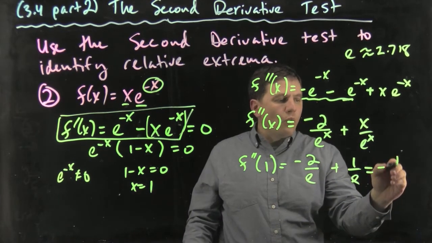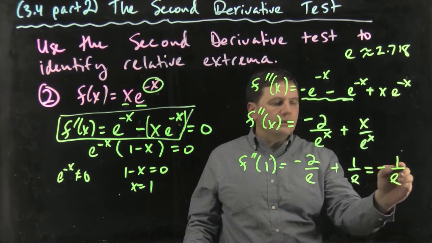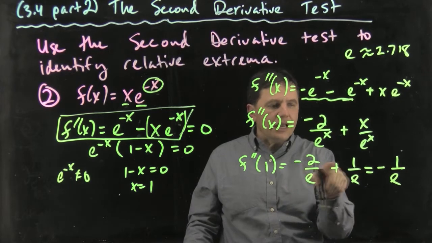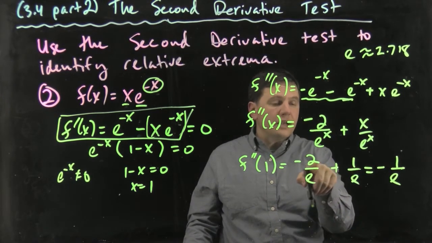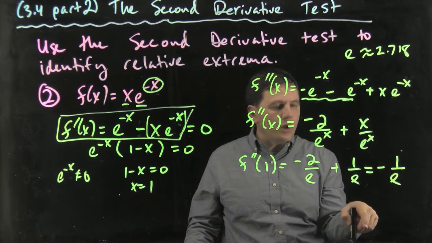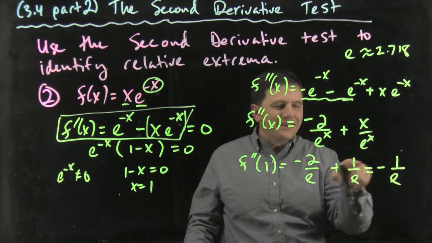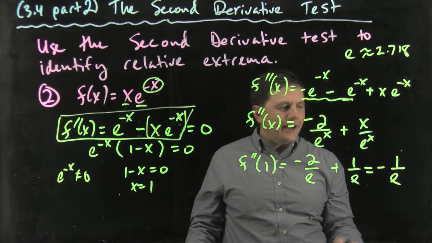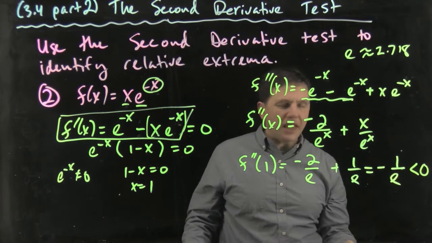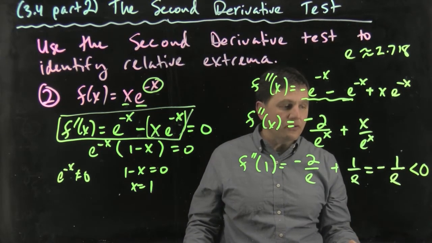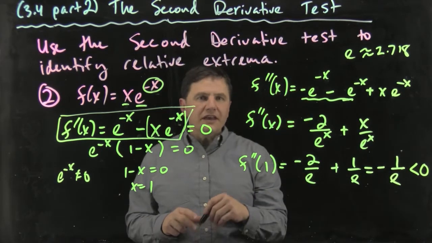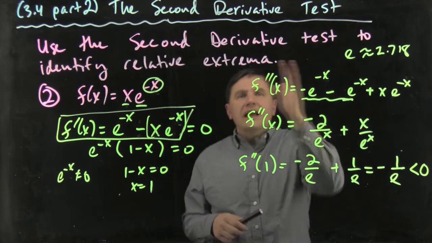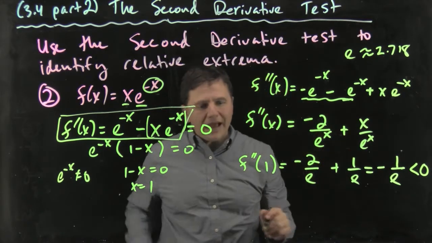I get -1 over e, because I have a common denominator. So -2 plus 1 is -1. So this will be -1 over e. So this is less than 0. I don't need to know exactly what that value is to know that it's less than 0, which means that it's concave down, that means it's going to be a max.